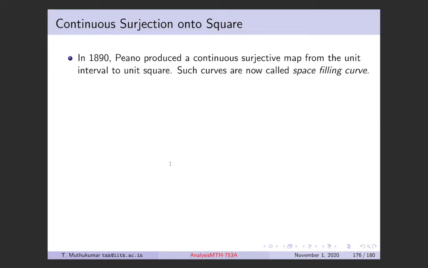That's what surjective means. Every point is taken by the curve. This is why it's called the space filling curve. Though there is no bijection, Peano showed that there is a continuous surjection. That means you actually have a space filling curve.